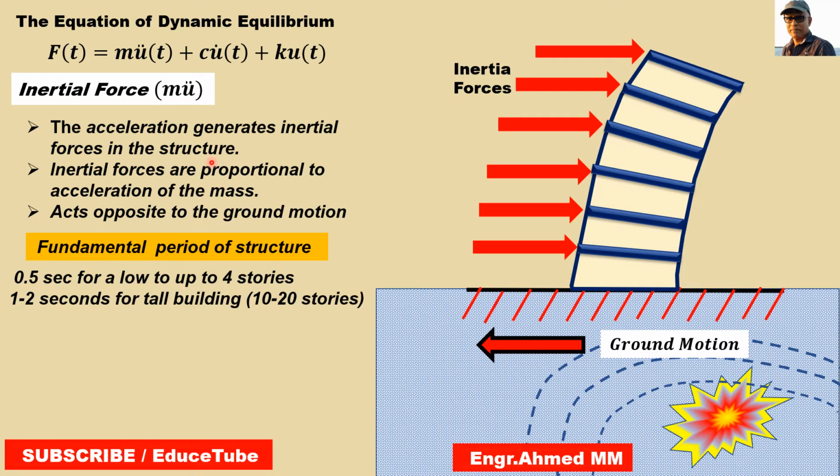One is the characteristics of the ground motion. Another is the structural characteristics of structures. I am repeating again, this inertial force depends upon two important things: the ground motion characteristics and the structural characteristics of these structures.